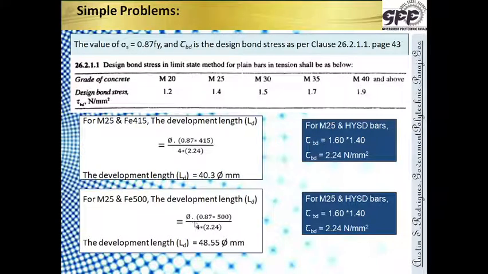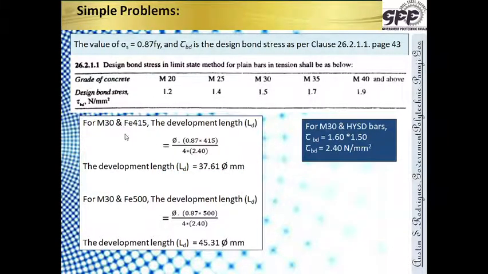Substituting over here, phi into 0.87 into 500 divided by 4 into tau bd, which is 2.24. So we get development length LD equal to 48.55 times diameter. Suppose the diameter of the bar is 10 mm, then the development length for M25 and Fe415 would be 40.3 multiplied by 10, that is 403 mm. For Fe500 with the diameter 10 mm, that would be 48.55 into 10, which is 485.5 mm.